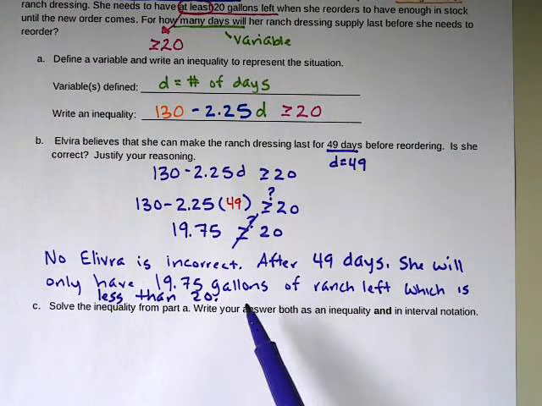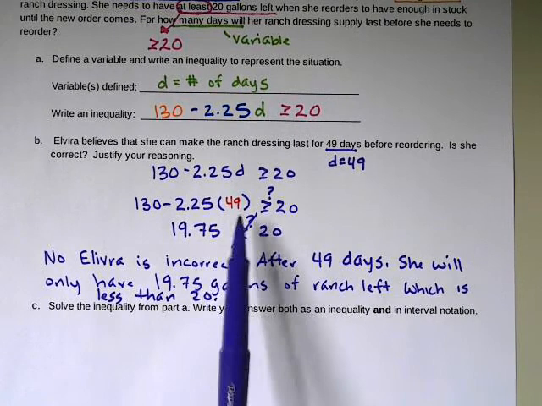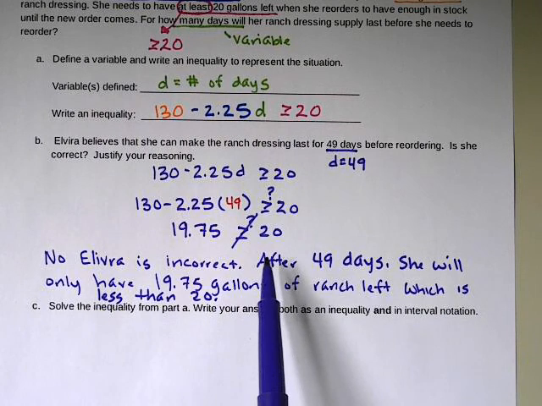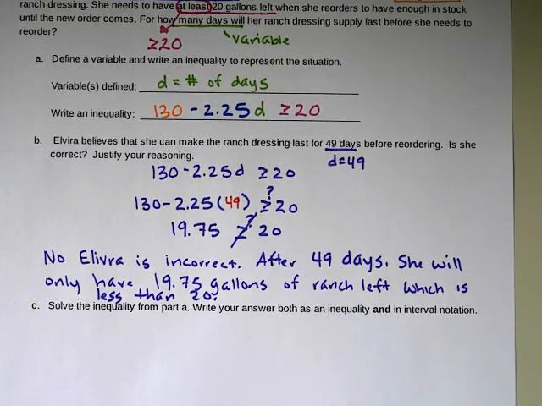So we have to acknowledge that no, she's wrong, and then we have to be able to explain why. And the reason why is because after 49 days, we got to this 19.75, which means she's not going to have at least 20 gallons left. That's going to be a problem.